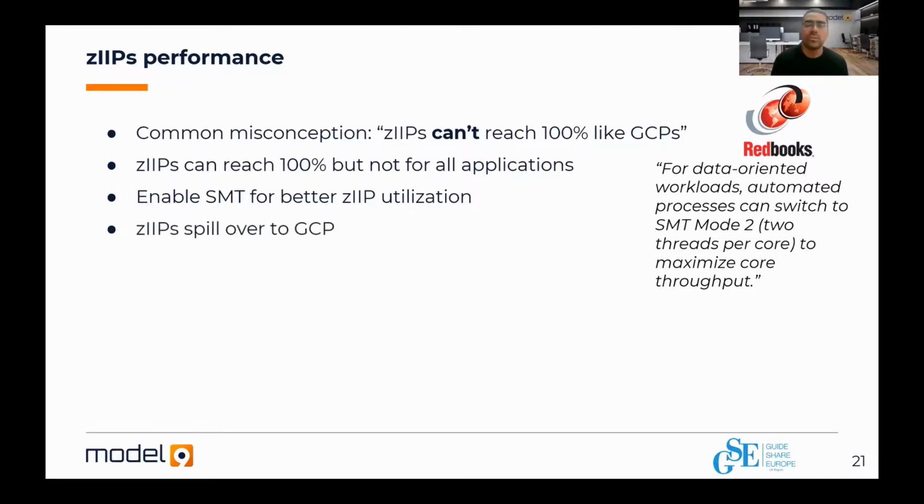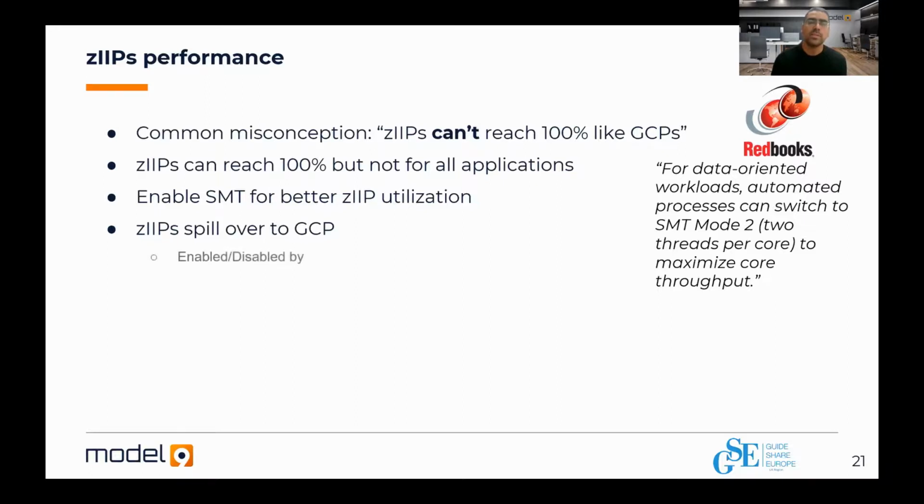Spilling over to GCP, that's a real thing with zIIP engines. And it goes both ways. Sometimes you do not want to spill over to GCPs at all, because that might affect your licensing or your MSU usage. But sometimes you do, because you don't have enough zIIPs and you have plenty of general processors, and you do want to spill over from zIIPs.